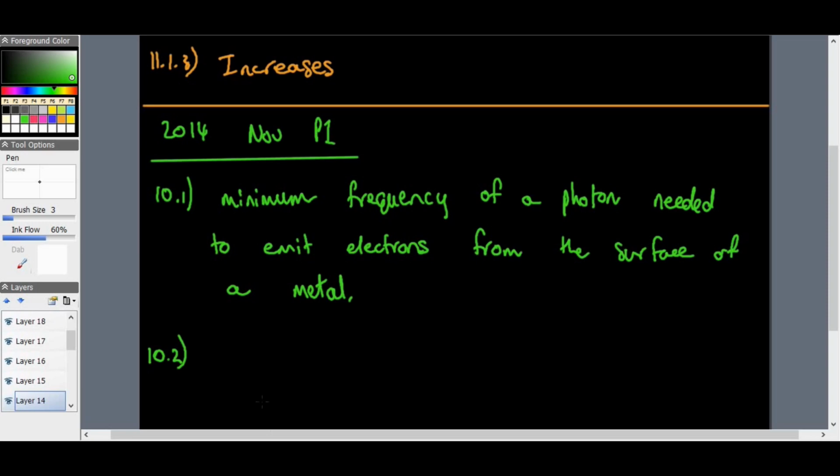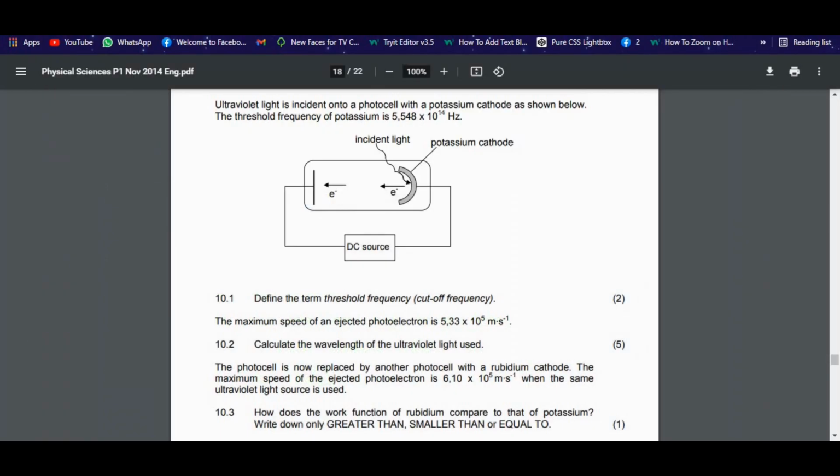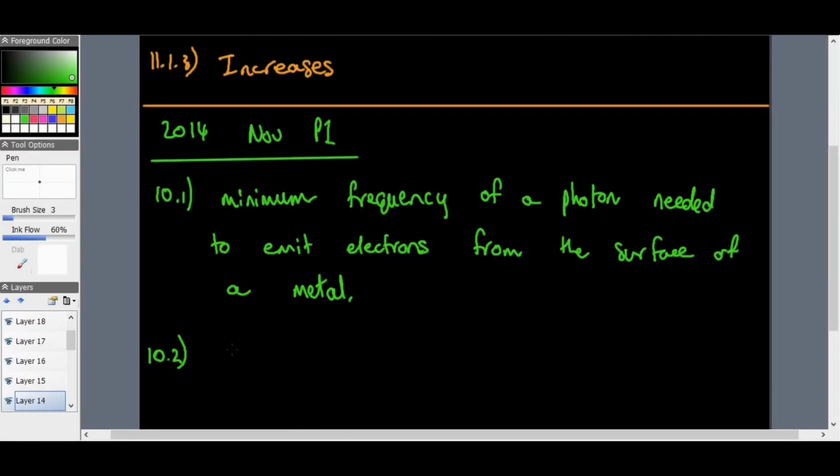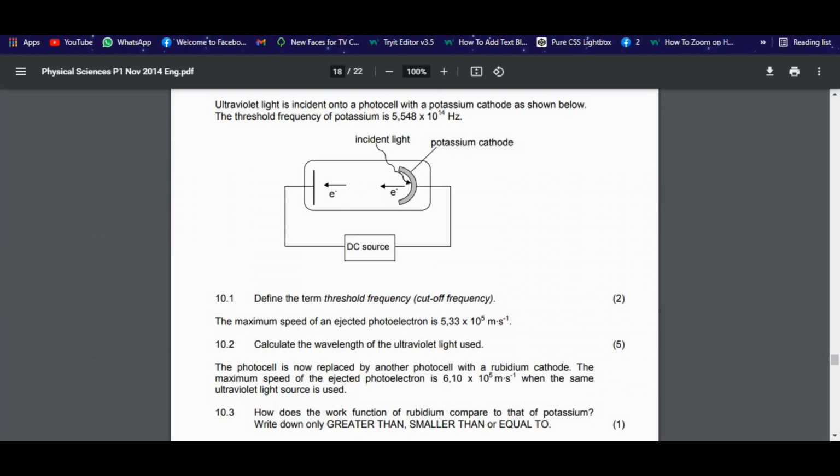Right, 10.2. The maximum speed of the ejected photoelectrons is 5.33 times 10 to the power 5 meters per second. Calculate the wavelength of the ultraviolet light used. Okay, so I'm going to go straight to the formula hc over lambda, because they want to know the wavelength.